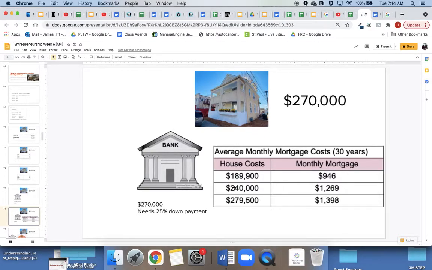If the loan is $240,000, the monthly mortgage is going to be $1,269. So this is the amount that we're paying back in expense every month.